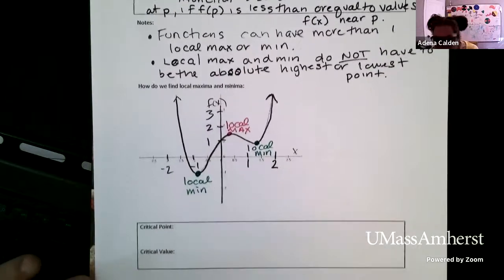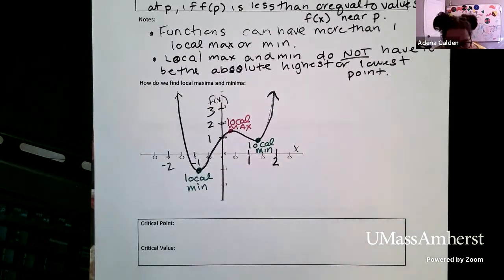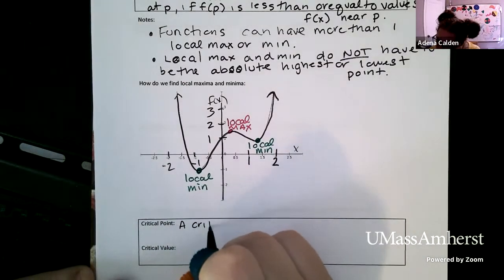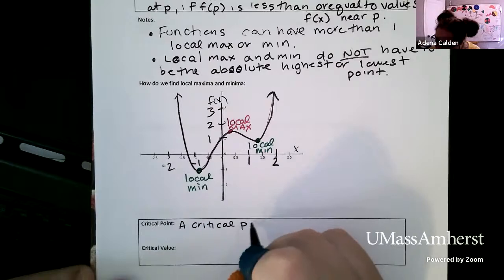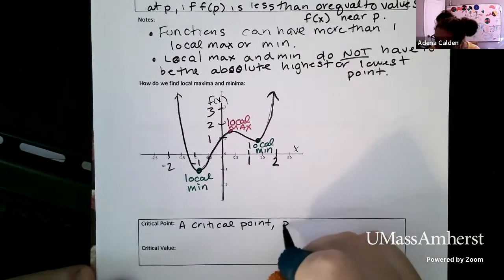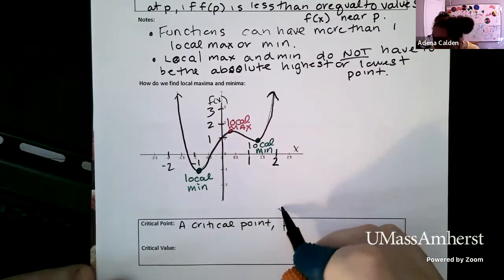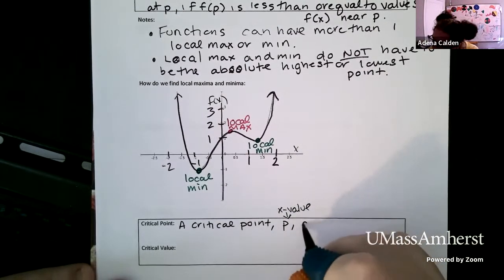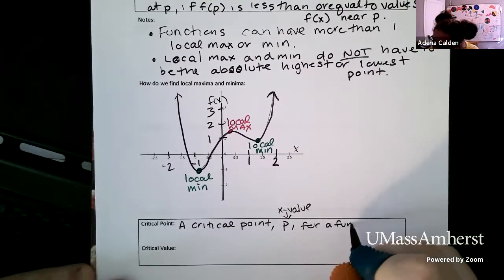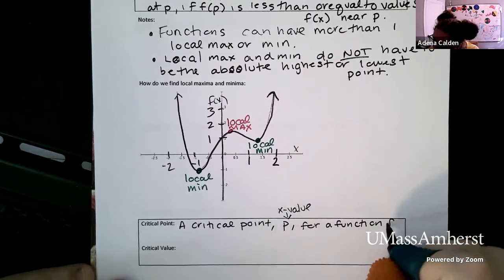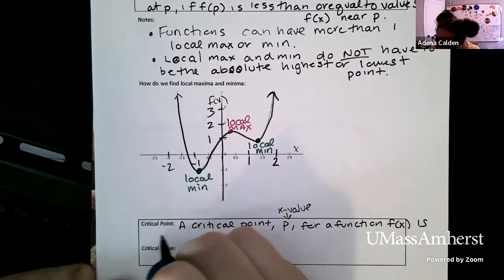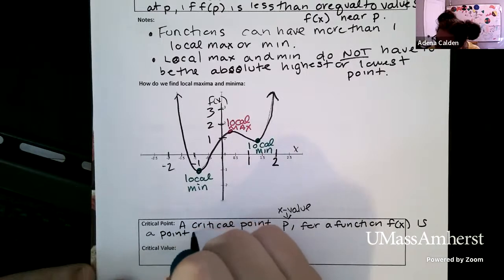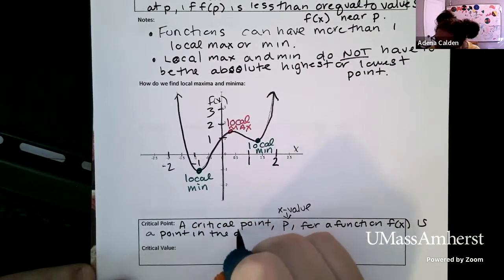So we start with what's called a critical point, okay? And so a critical point P, and so again, this is an x value, which will make more sense in a few minutes, for a function f of x is a point in the domain.